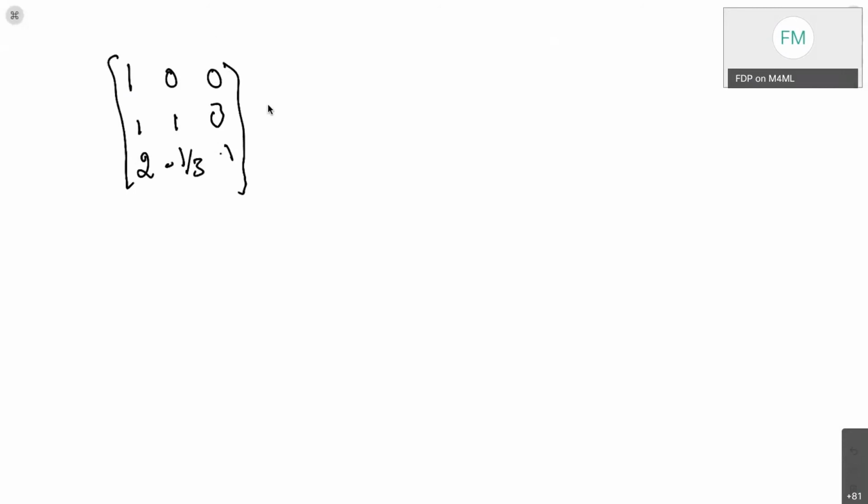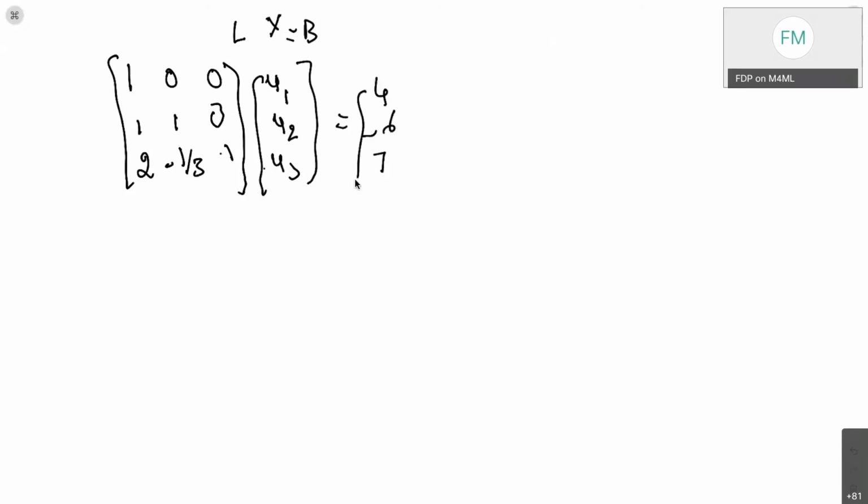Basically, what we are trying to do is solve Ly = B. Please understand this. Then we are trying to find y1, y2, y3. The right-hand side is 4, minus 6, 7. This gives us y1 = 4.